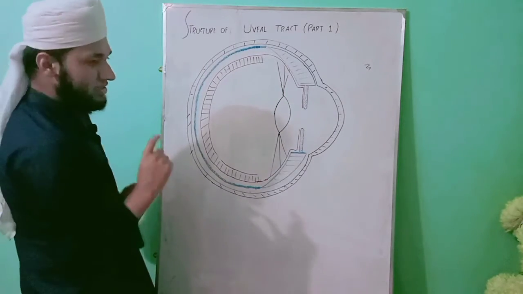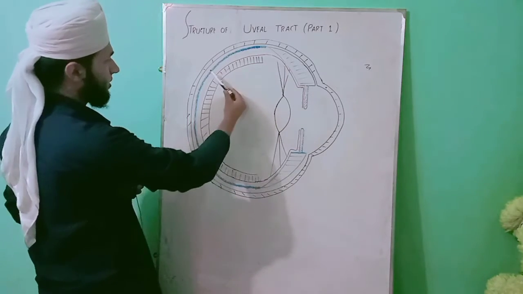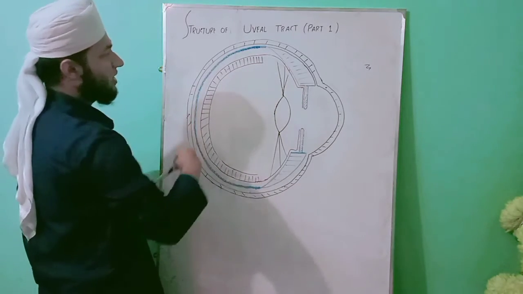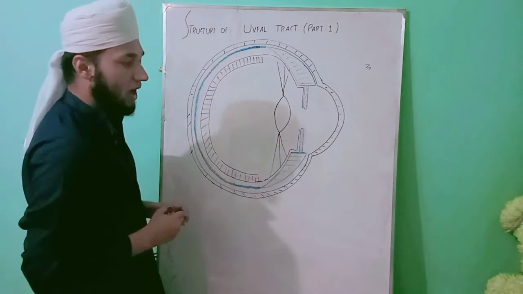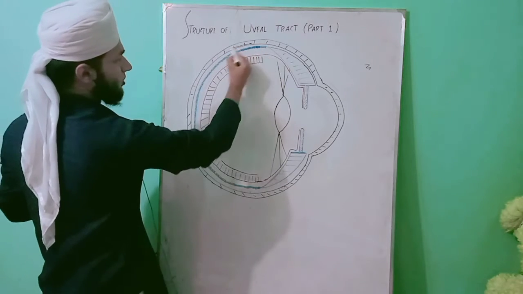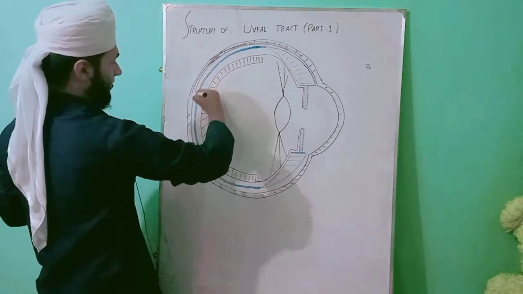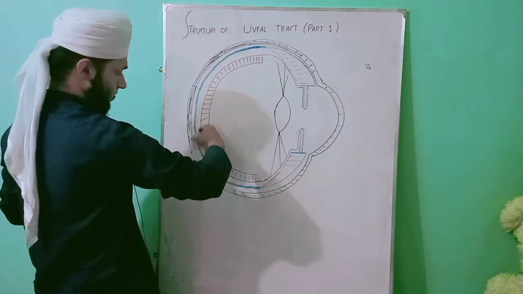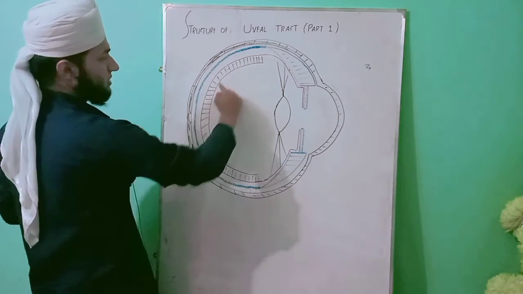Second, what is its location? I have told you that this whole uveal tract is present between the outer fibrous coat and the inner nervous coat. Out of this, choroid is present between this outer part, this black part, which is sclera, and this, which is retina.